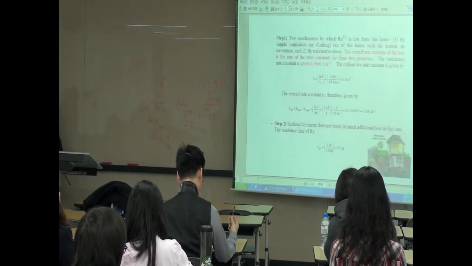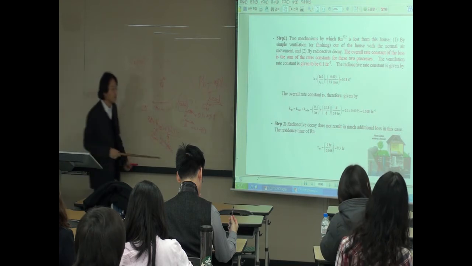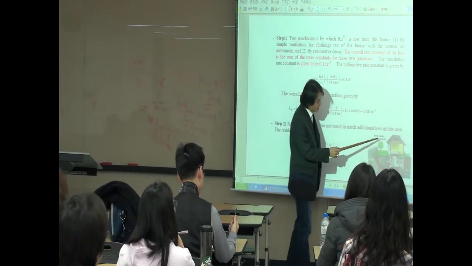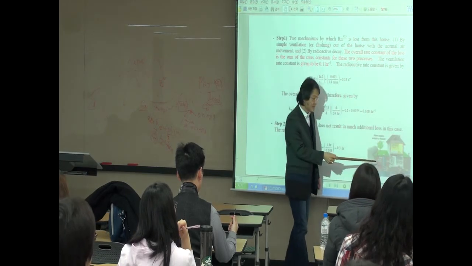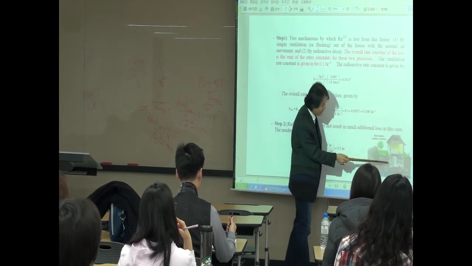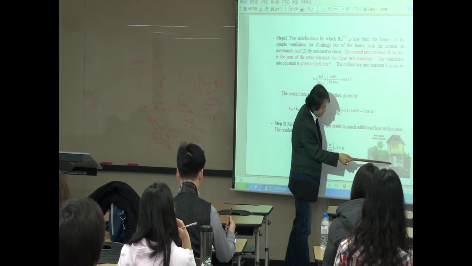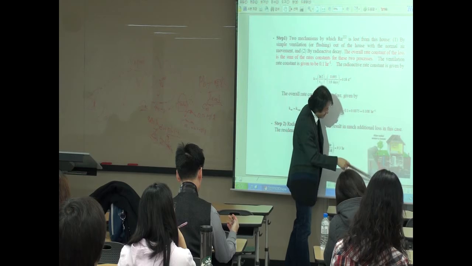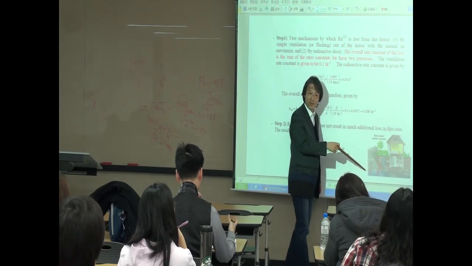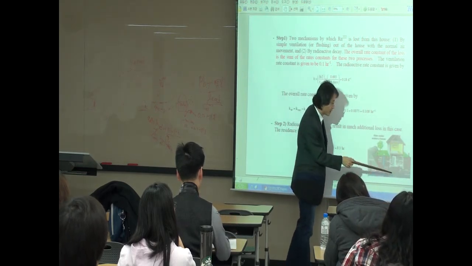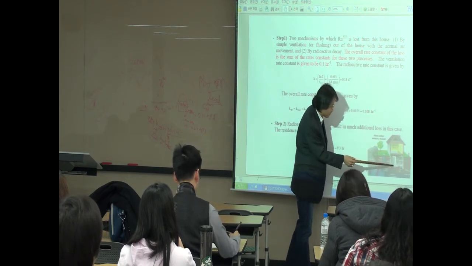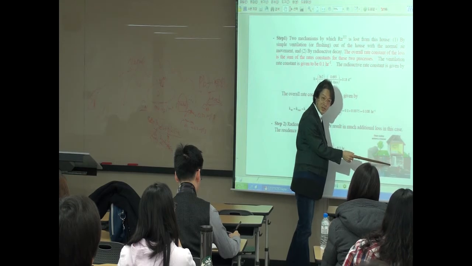I have a cartoon here. This is a usual house in the United States. They have underground storage. There are many types of radioactive contaminant sources here, and they can penetrate the ground and the concrete structure.